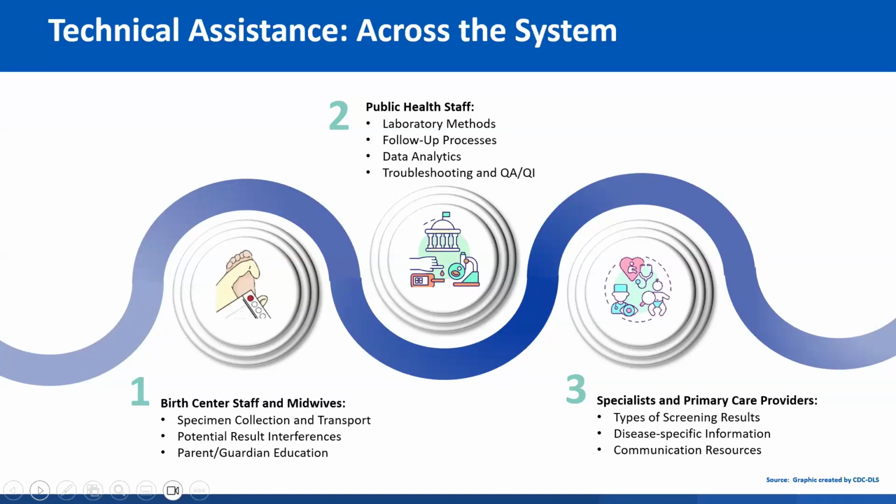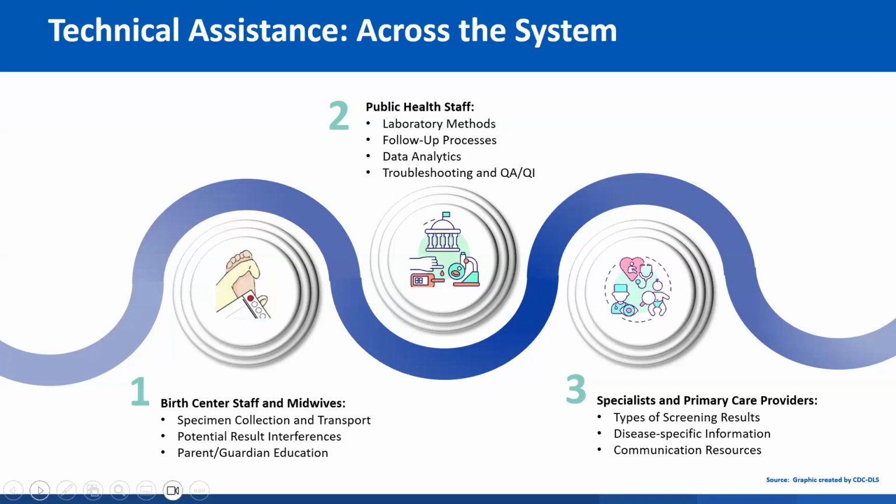And this includes providing assistance to birthing centers and midwives and giving them information as needed. Public health staff, of course, as they carry out their important work. Primary care providers and other specialists. Examples of these are like act sheets that have been supplied to be able to help them understand how to manage these newborns and so on.